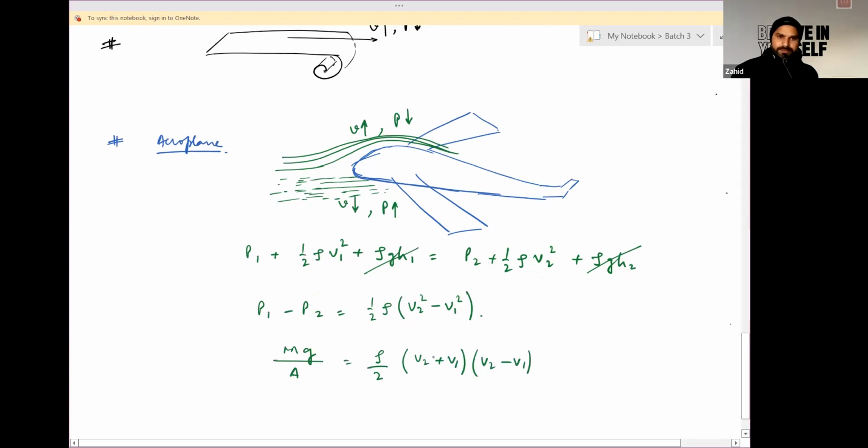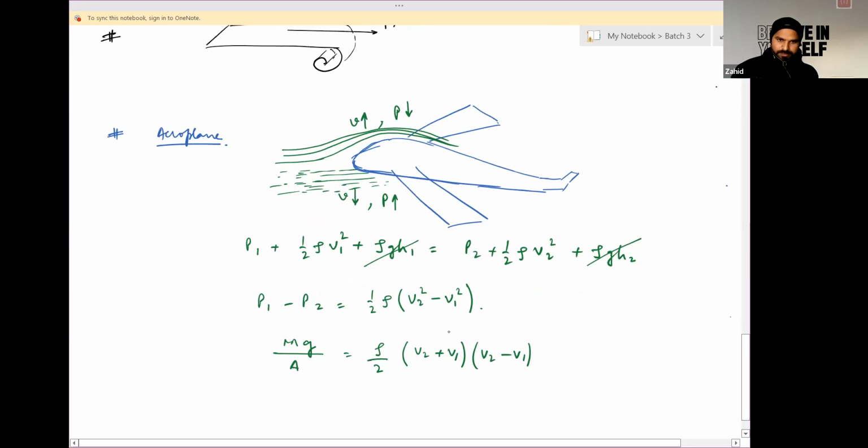Next is this particular term, (v1 plus v2) divided by 2 will be nothing but average velocity, and this particular term will be nothing but change in velocity. So we can write density times average velocity times difference in velocity equals to this much amount.